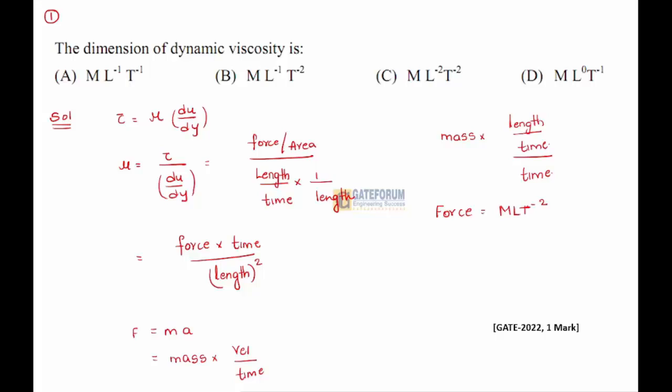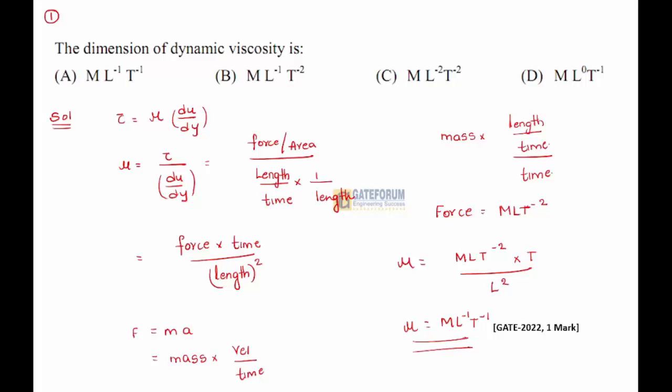Whereas dynamic viscosity mu is equal to force, M L T power minus 2, into time T, by length, that is L square. On solving this, M L inverse T power minus 1. This will be the dimensional unit or dimension of dynamic viscosity.